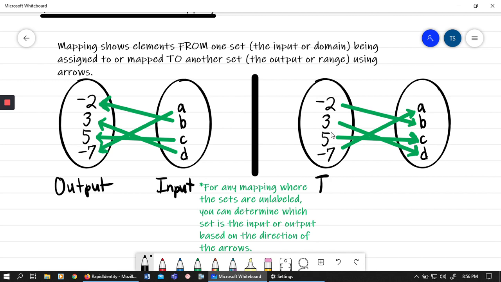Just in case you encounter two sets for a mapping that are not clearly labeled, I'm letting you know how to tell which one is the input and which one is the output, based on the direction of the arrows. So again, this would be the input, and this one here would be the output. Hopefully that makes sense to you. It should.